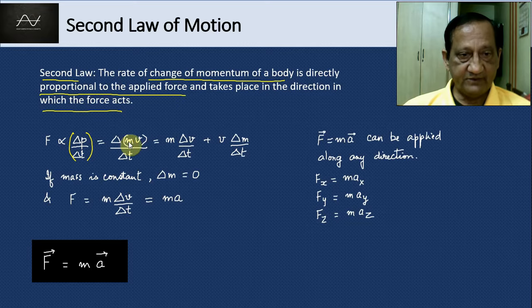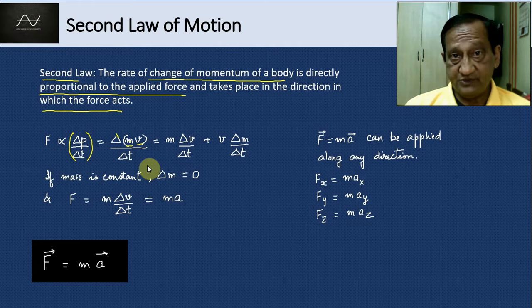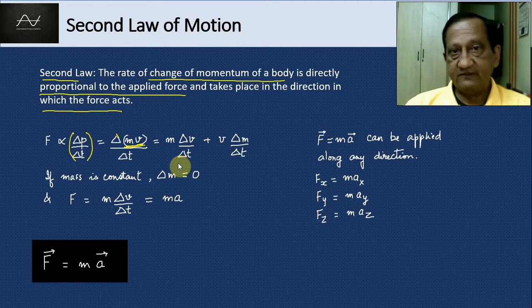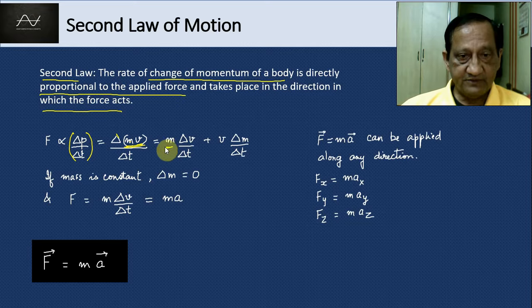Now momentum is mv, so delta mv. Now m and v are two separate quantities, and both can change. Mass can also change, like in a rocket: it is ejecting gases, so the mass is reducing. So mass may not be constant. When you want to calculate the change in a product of two quantities and both of them can change, the principle is the first quantity into the rate of change of the second plus the second into the rate of change of the first.